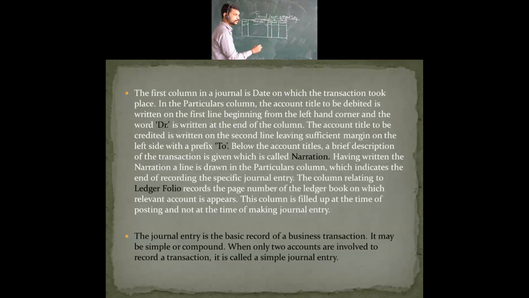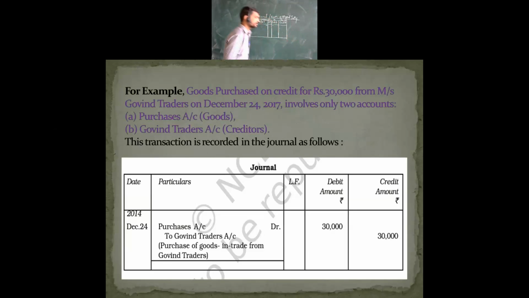Then prefix "To". After this you are going to write "To". I will show you a picture here. See, Purchase account Dr, here I will write, Purchase account Dr. To Govind Traders account.